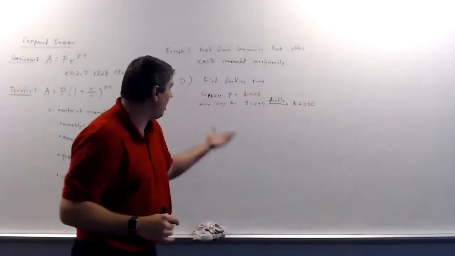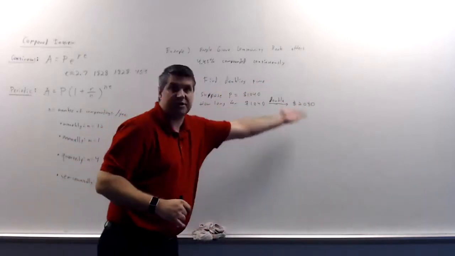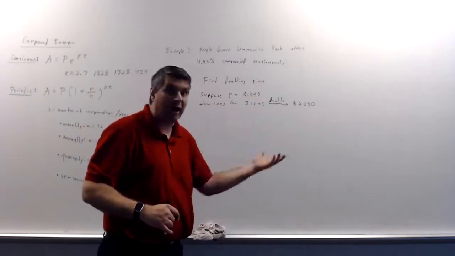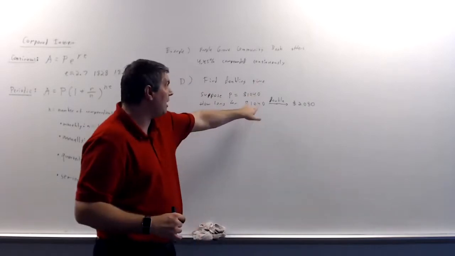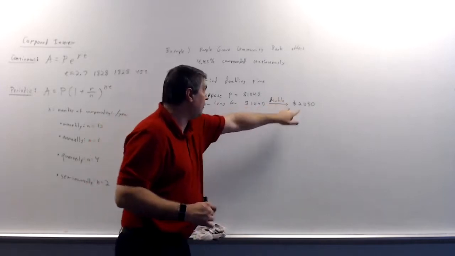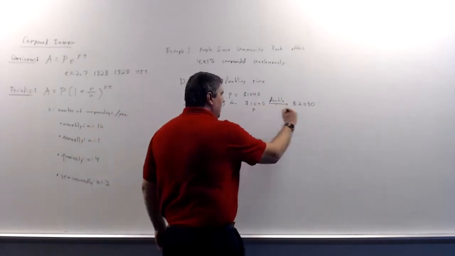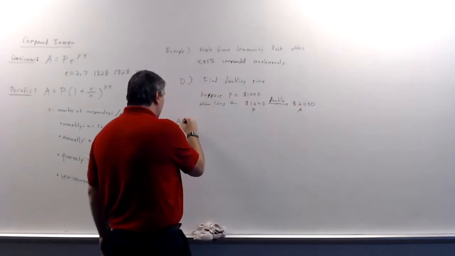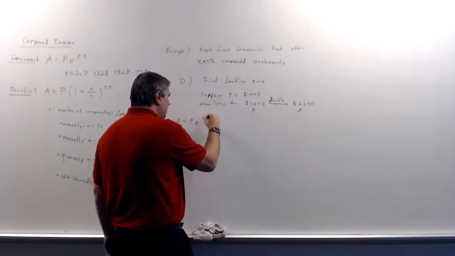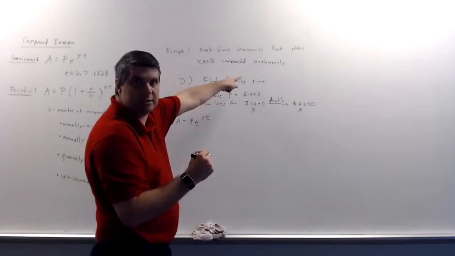If you want to do 100, how long for it to double to 200? If you want to do 1,000, how long for 1,000 to become 2,000? It really doesn't matter what you start with as long as you double it. So this would be my P, this would be my A. A equals Pe to the rt power because it's continuous.